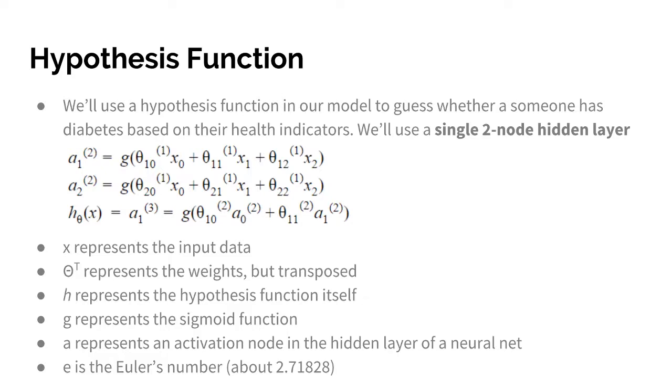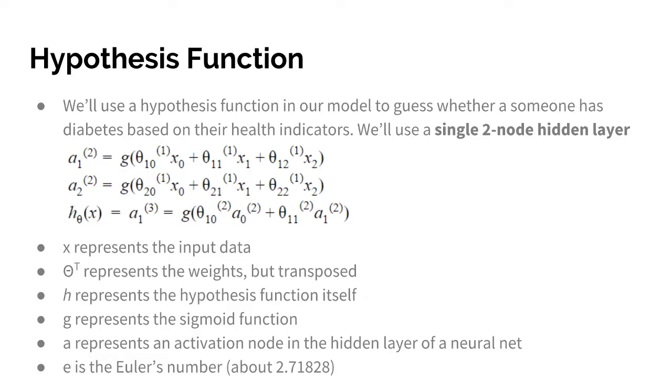Going back to that first line, we're multiplying the input data x0 to x2 by a bunch of weights, and then we put that into the g function, which is just a sigmoid function. That gives us the value of our first activation node. We repeat that for the second activation node in our hidden layer, but with a different set of weights. And then finally, we have 2 values for our hidden layer.